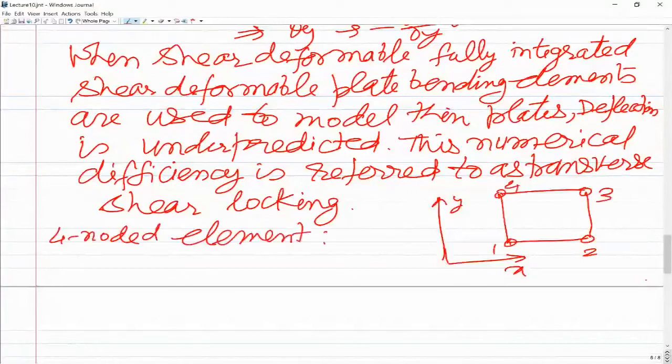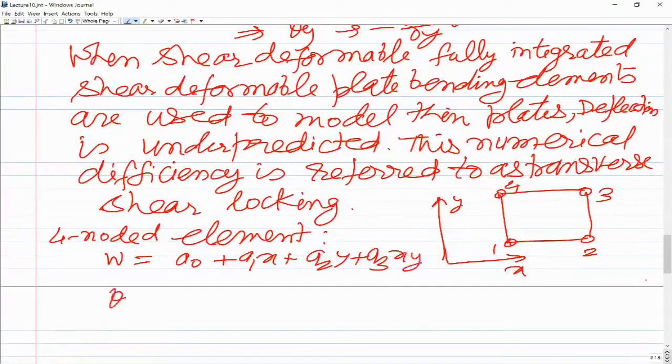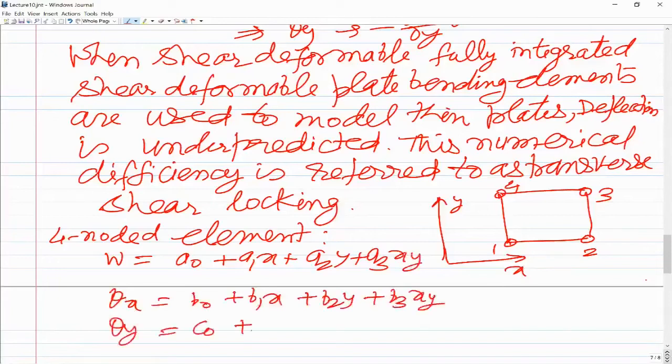So W would be a0 plus a1x plus a2y plus a3xy, and theta x would be b0 plus b1x plus b2y plus b3xy, and theta y will be c0 plus c1x plus c2y plus c3xy.